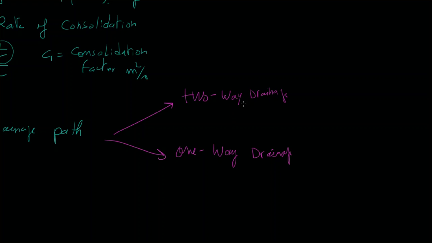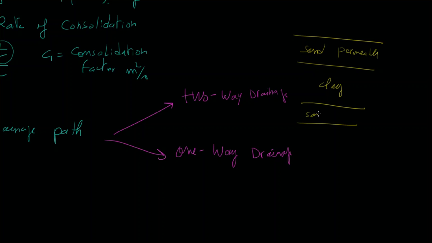In two-way drainage, we could imagine that the clay layer is impermeable, meaning it can only dissipate water at a very slow rate, and at its top boundary we have a sand layer, which is very permeable. We all know that water could pass through sand very quickly. It could have a very similar permeable sand layer at the bottom as well.